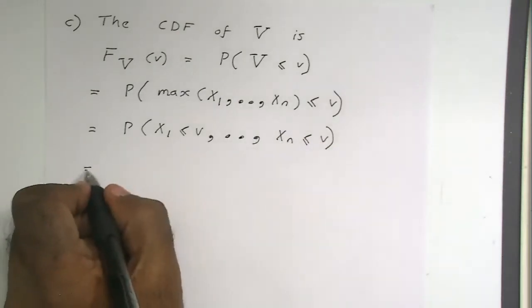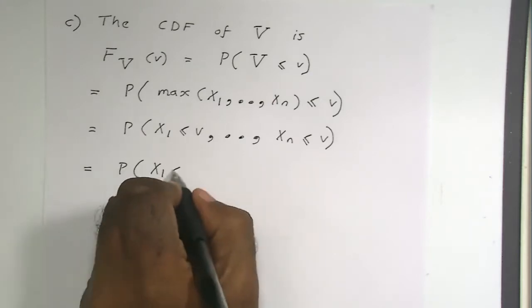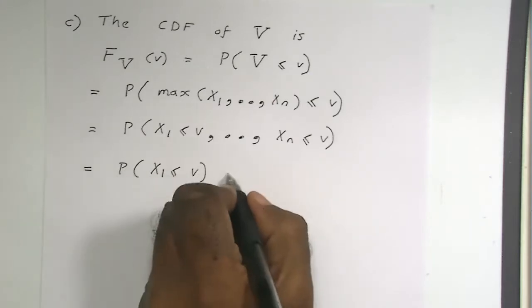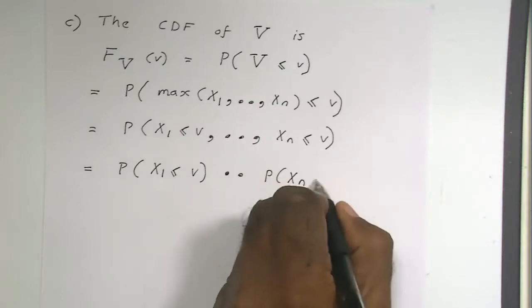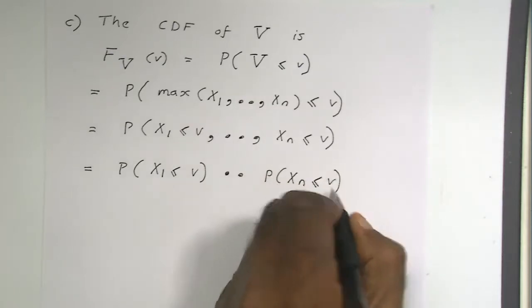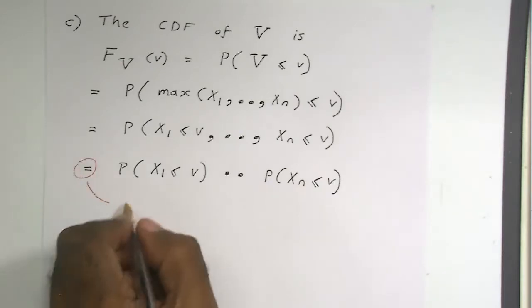Now, because of independence, you can write this as, this is using, is by independence.